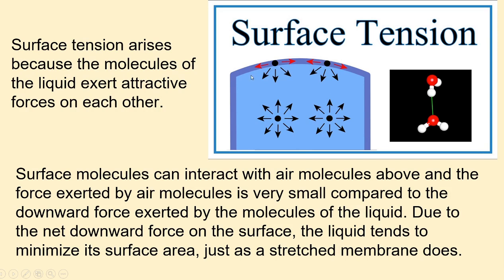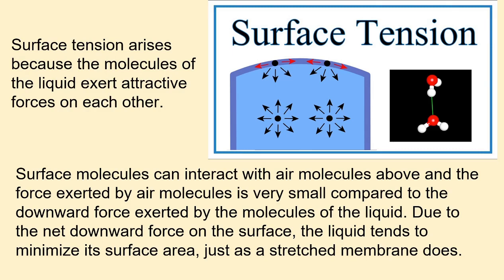Due to this net downward force, the surface of the liquid tends to minimize its surface area. So it behaves like a stretched membrane. That is the reason the liquid surface acts like a stretched membrane.